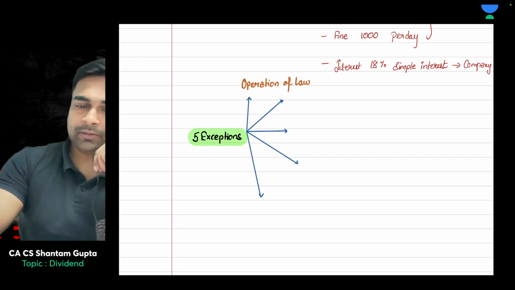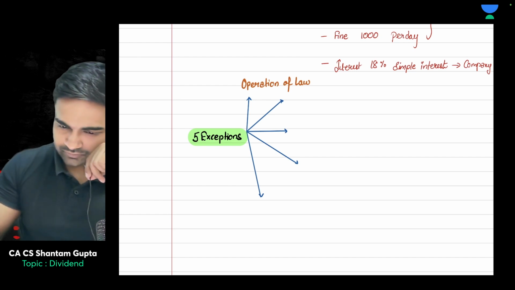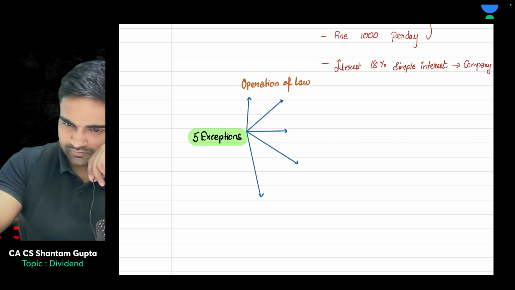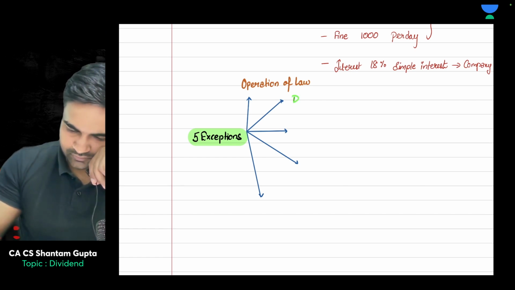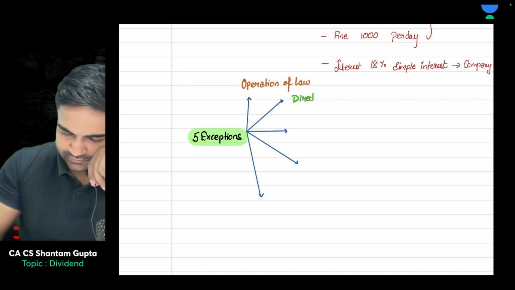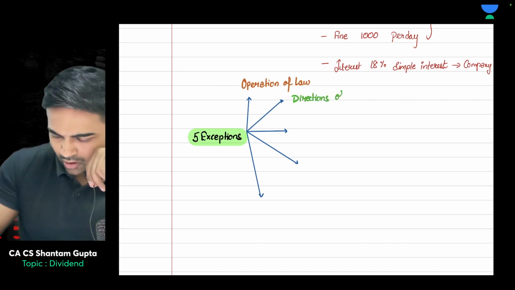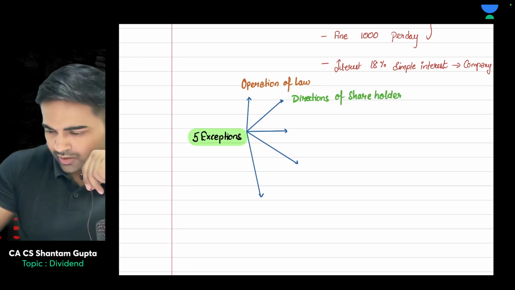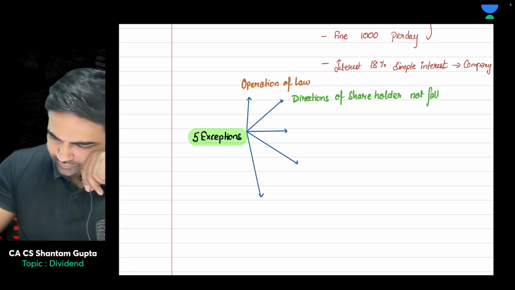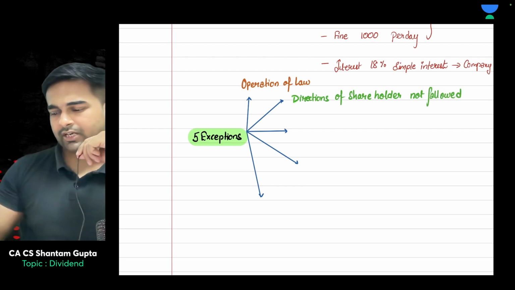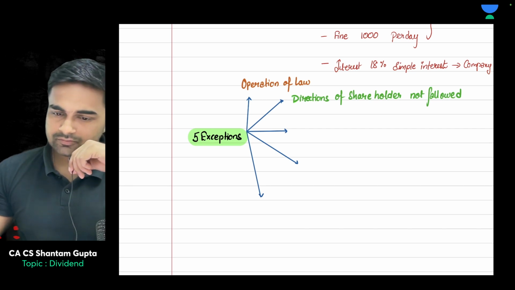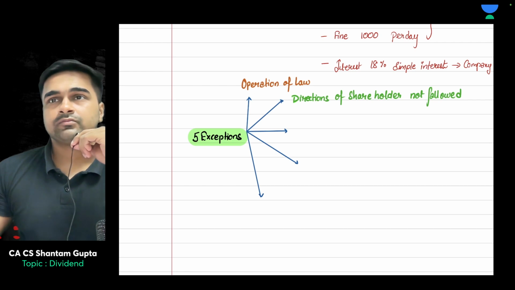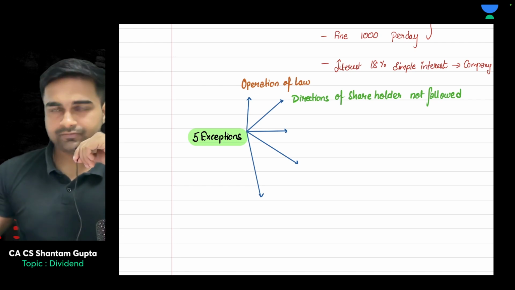Next, directions of shareholder not followed. Direction of shareholder not followed.